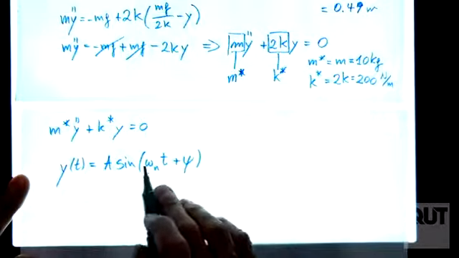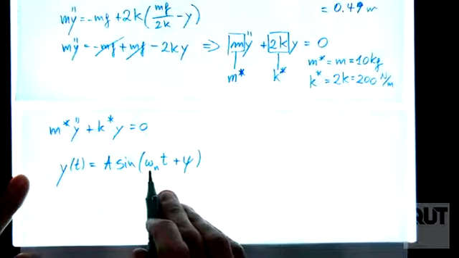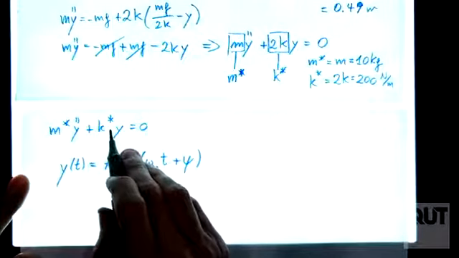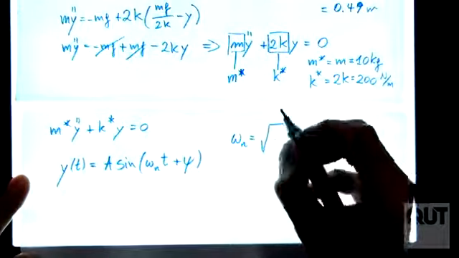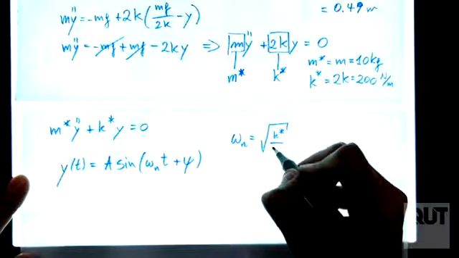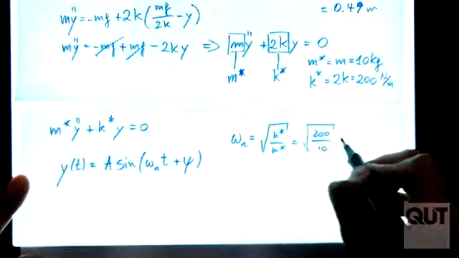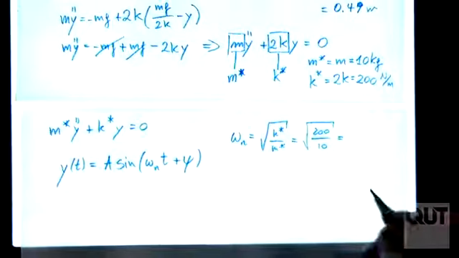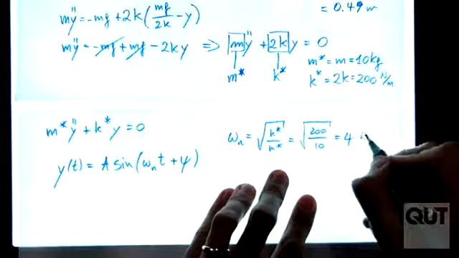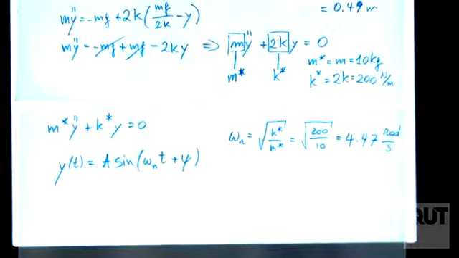Now, which of these three parameters can I immediately calculate? Omega n, because that depends only on m star and k star. So omega n equals square root of k star over m star, which is square root of 200 over 10, square root of 20, something like 4.47 radians per second. Okay?